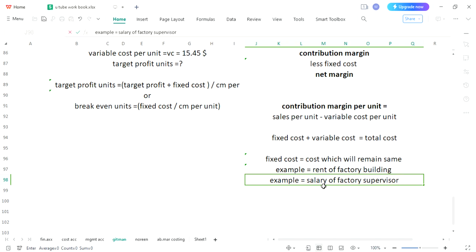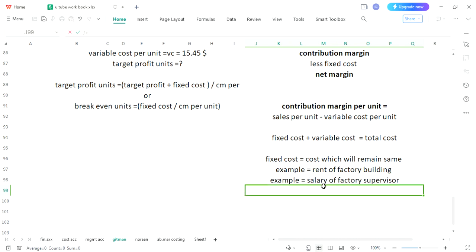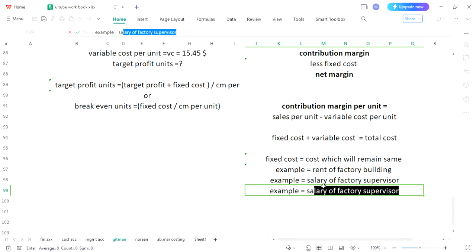No matter if it is 10,000 units, 1,000 units, or even if no unit has been manufactured, the supervisor will receive the same salary. Another example you can take is salary of computer operator of factory.